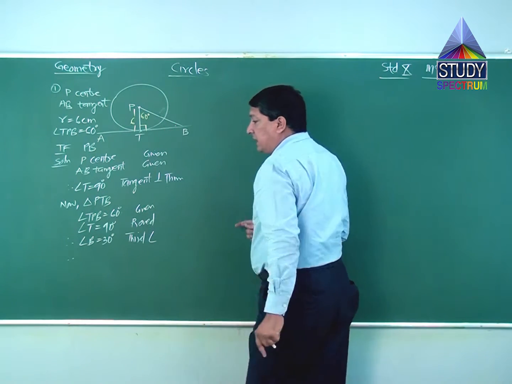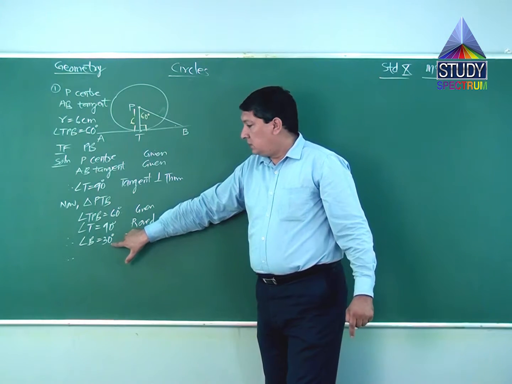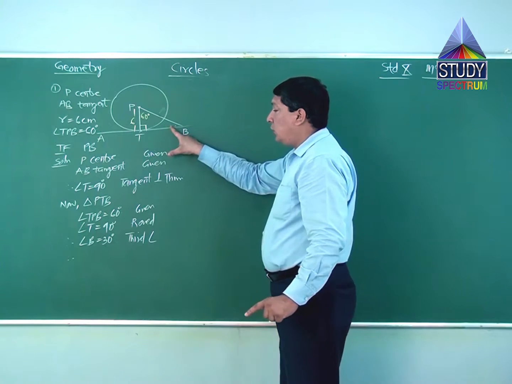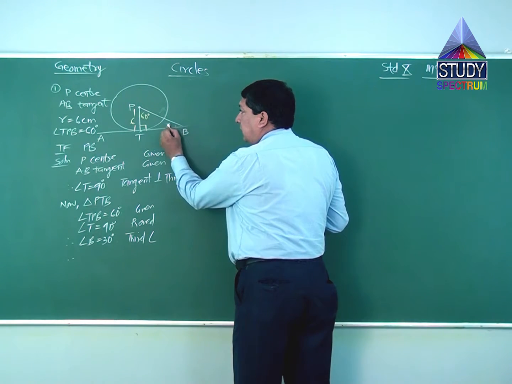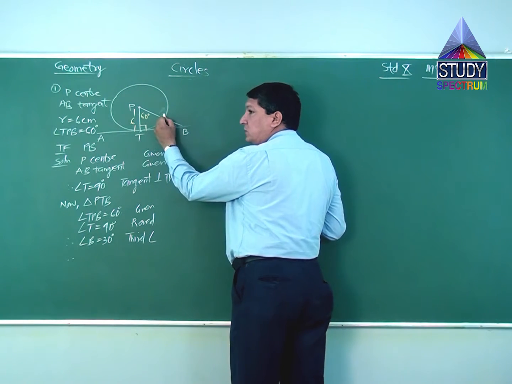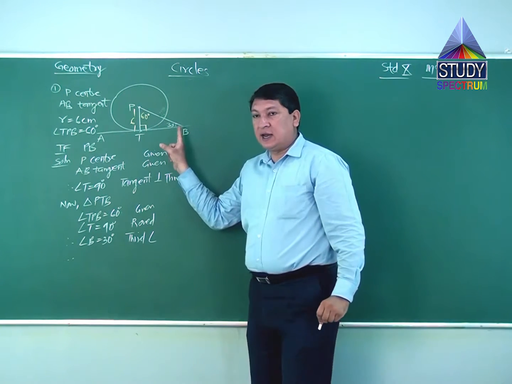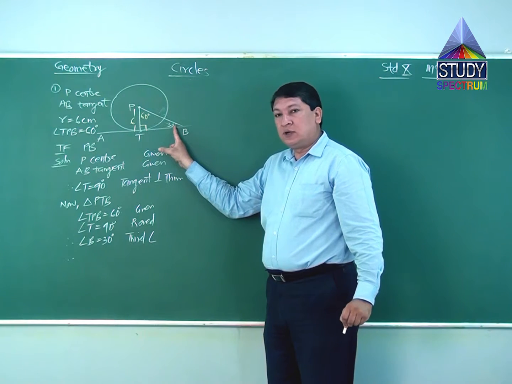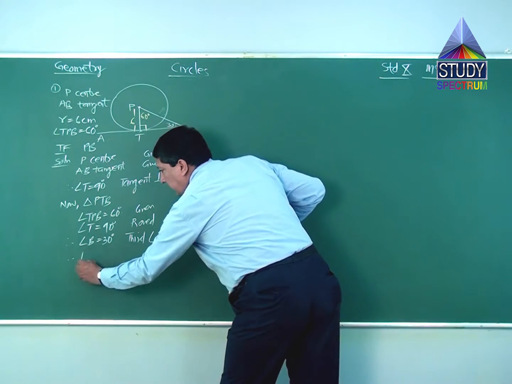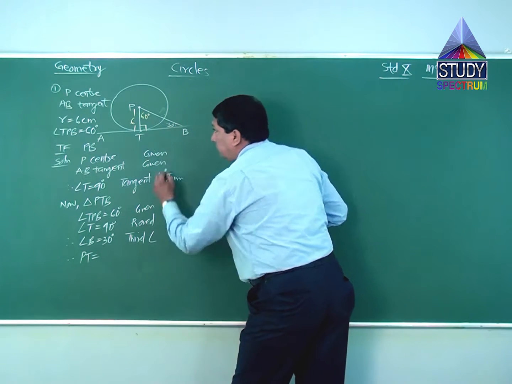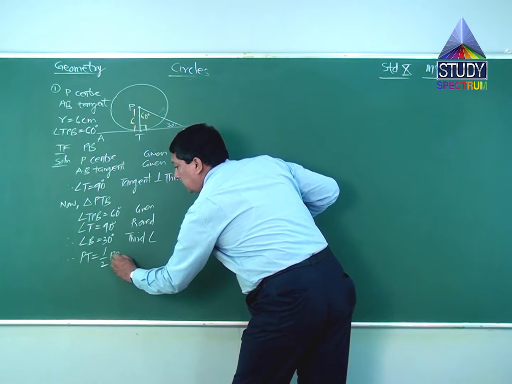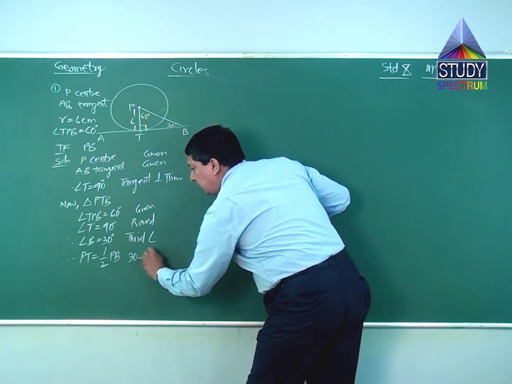Now over here we can apply 30, 60, 90 triangle theorem, which we have done in similarity. Now this 30 degree we have got, side opposite to 30 is half of hypotenuse. Side which is opposite to 30 is PT. Therefore we can write PT is equal to half of PB. Reason is 30, 60, 90 triangle theorem.